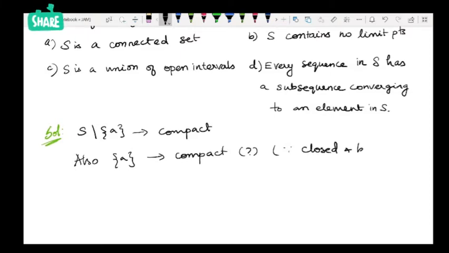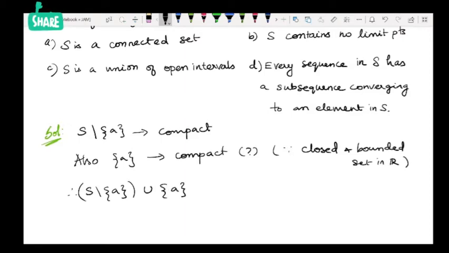So all finite sets will be compact. Okay, so S excluding singleton A union singleton A, what will this be? This is also a compact set because finite union of compact sets is also compact.